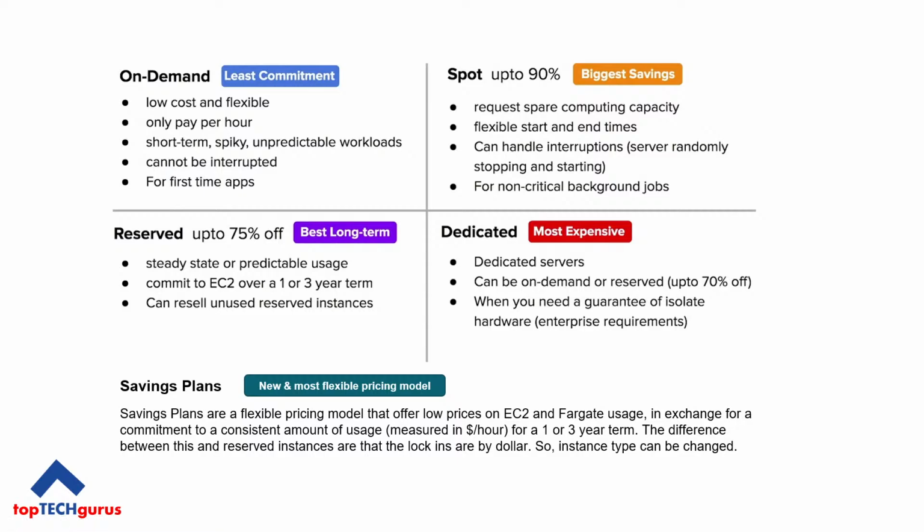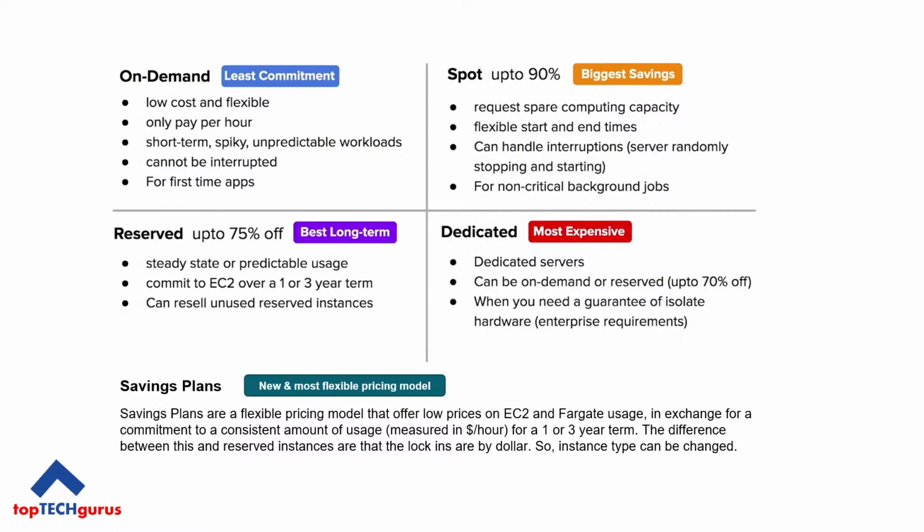So there are types of EC2 instances. Like we earlier saw, there are different types of compute workloads and memory-efficient workloads. Apart from that, there are also different ways you can commit to how much of the EC2 instance you use.